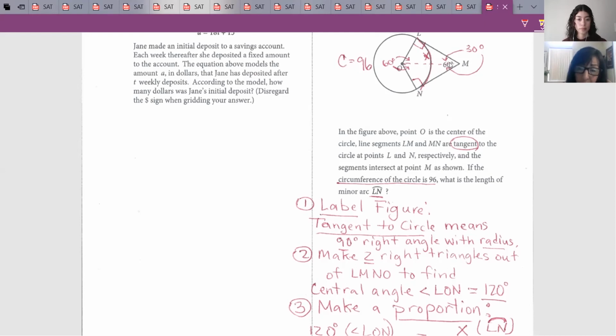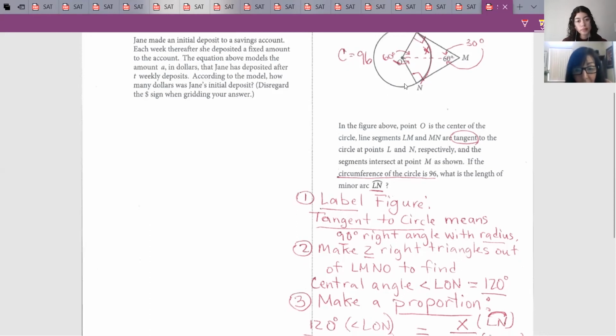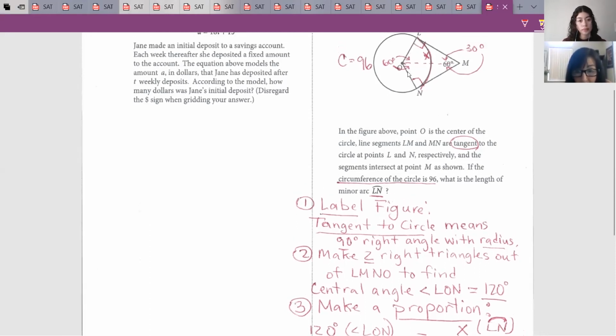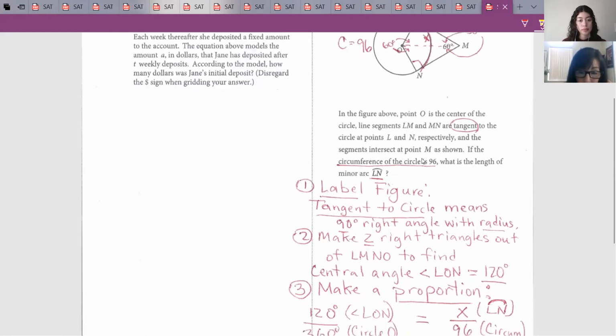Okay. So we made a line to make two triangles. That split the 60 degrees into two 30s, which means that these have to be 60 because it's a 30, 60, 90. We now know the number of degrees of LON is 120.